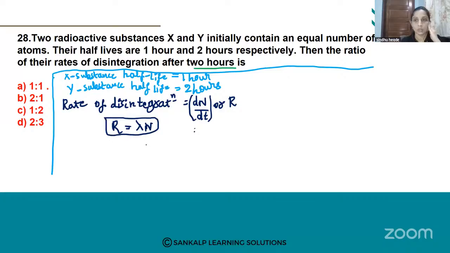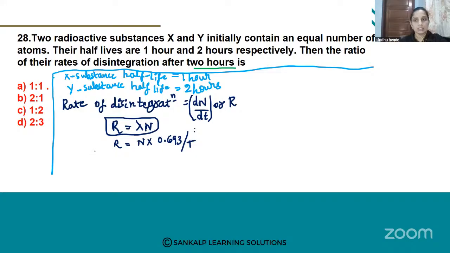The formula R is equal to lambda N, we have to use it. Okay. Then here lambda is not given, N value is also not given. So again simplify this formula. R is equal to N into lambda, and lambda is nothing but 1 by T, or 0.693 divided by T. Then what is N here?